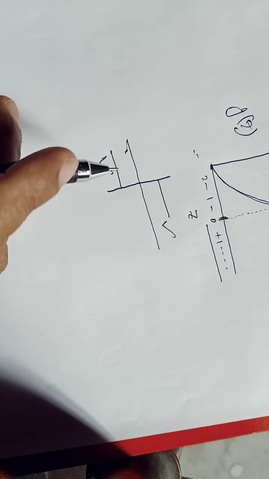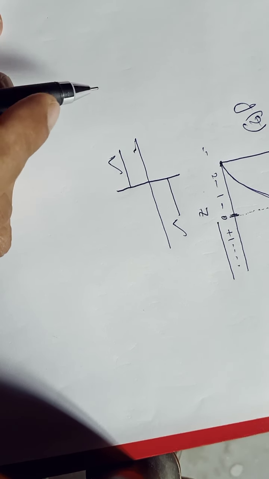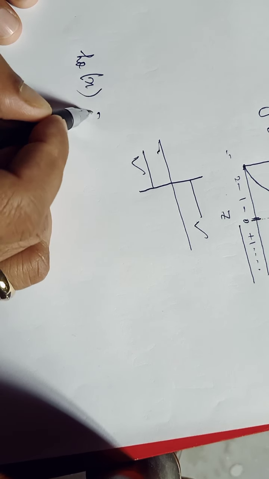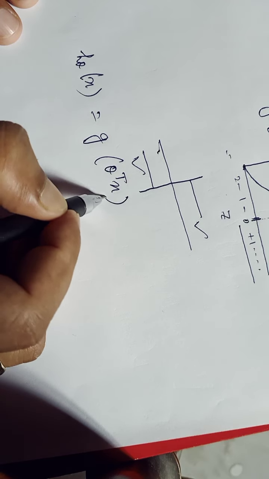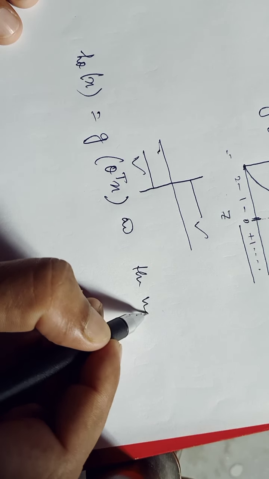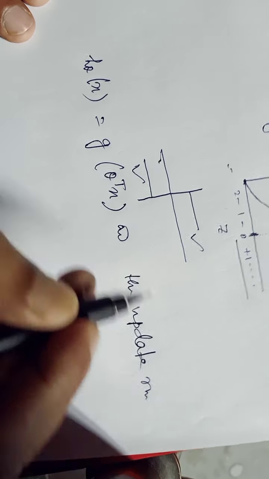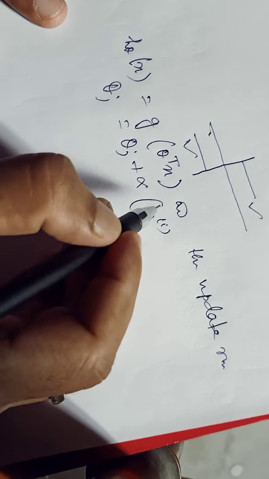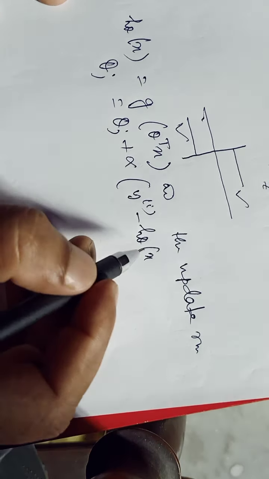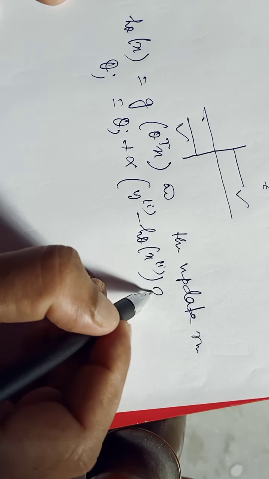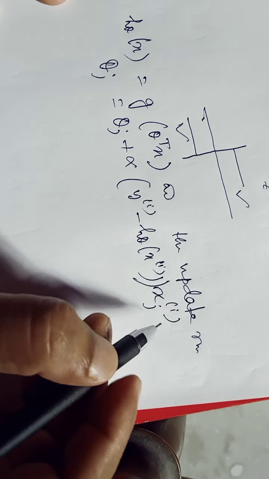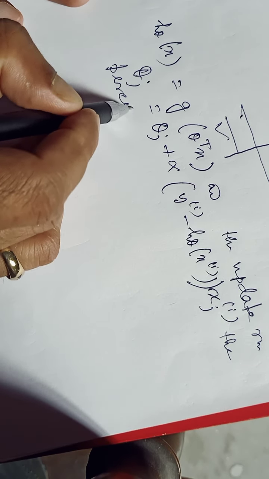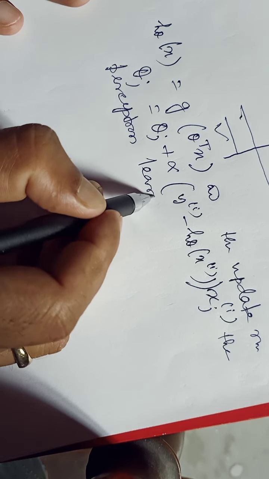Therefore, for any value h theta x equals g theta transpose x, and the update rule is theta j equals theta j plus alpha (y minus h theta x) xj, then it is called the perceptron learning rule.